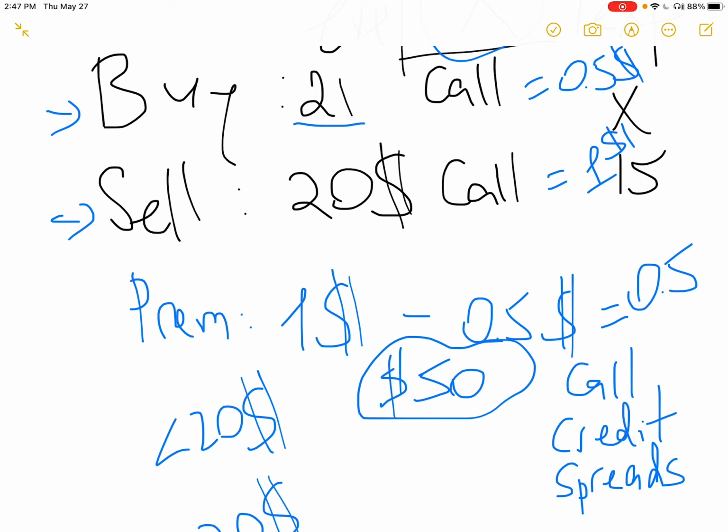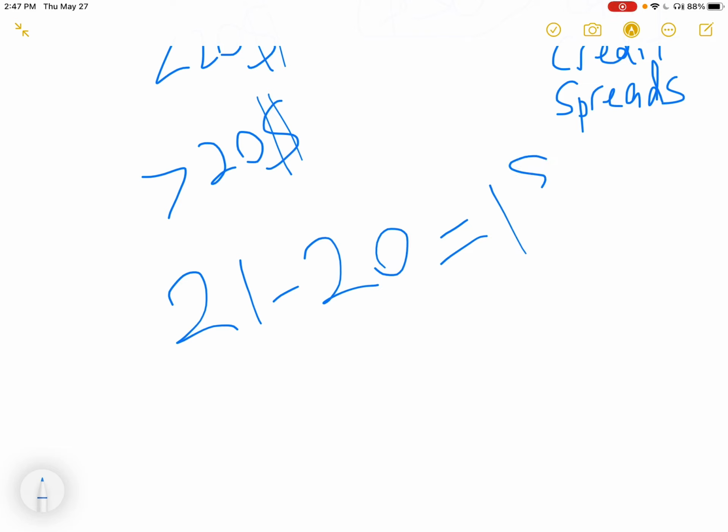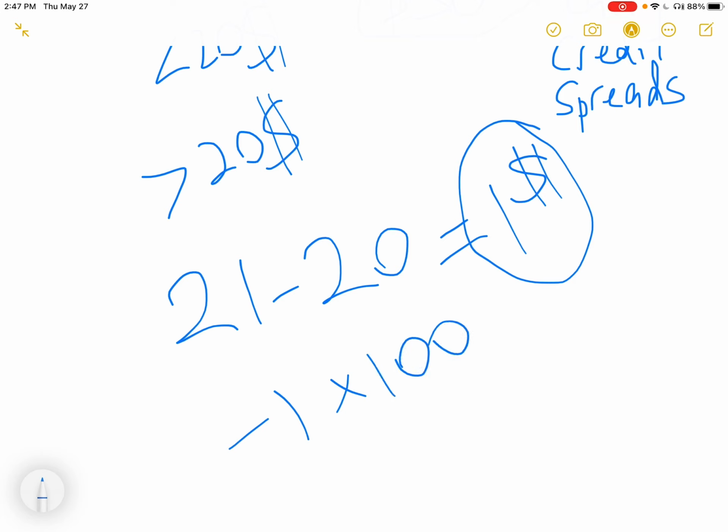So your downside is limited between these two exercise prices, which is $21 minus 20, so $1. So the maximum you will lose from this trade is $100.